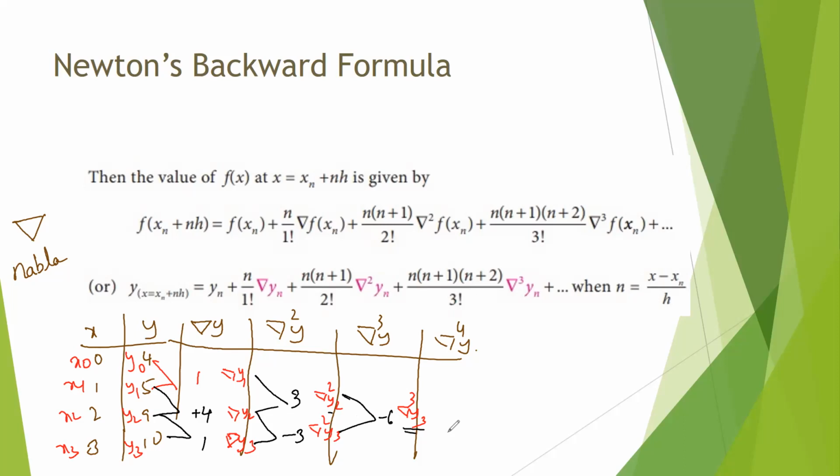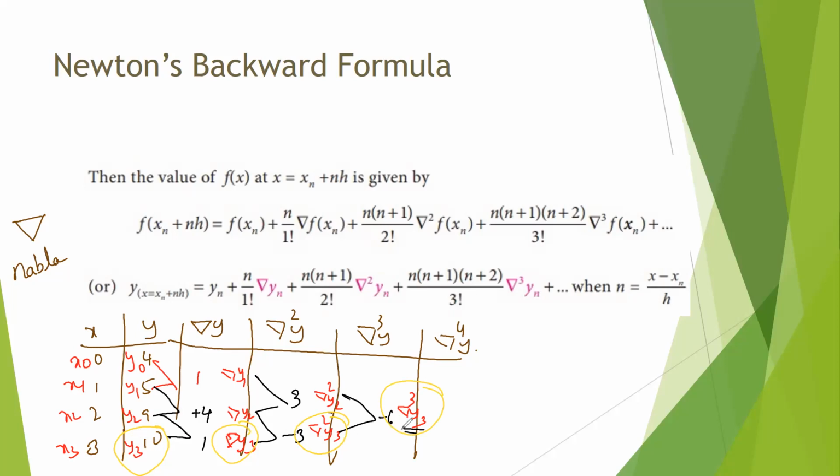After getting the first backward differences nabla y1, nabla y2, nabla y3, the second backward differences nabla square y2, nabla square y3, and the third backward difference nabla cube y3, let us identify a simple point. All the bottom ones, y3, nabla y3, nabla square y3, nabla cube y3, are the same row, right?